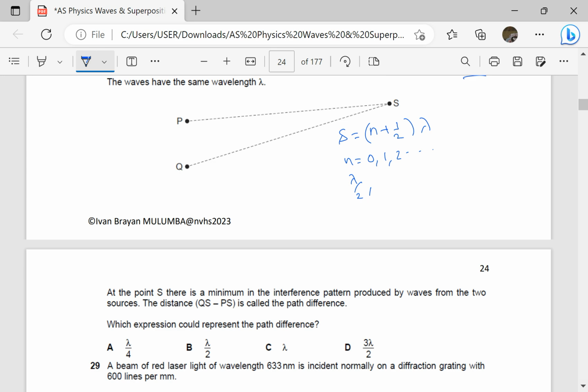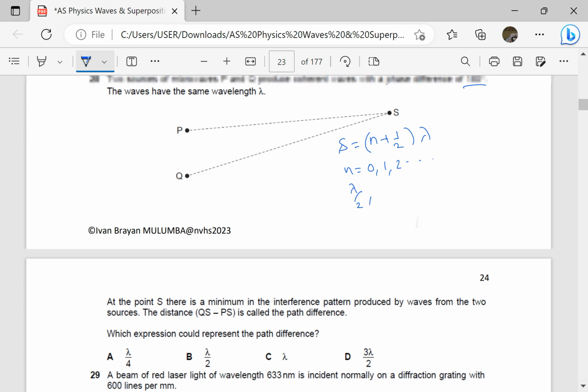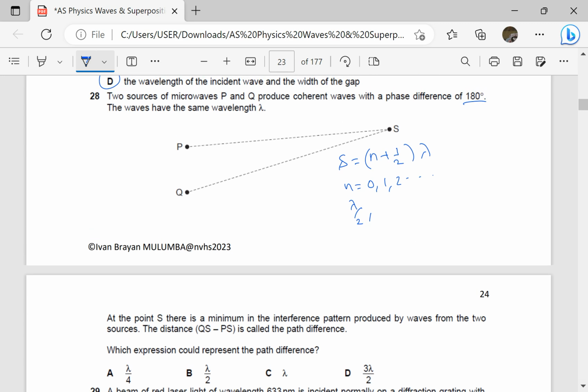At the point S, there is a minimum in the interference pattern produced by waves from the two sources. The distance QS minus PS is called the path difference. So if there is a minimum, then the path difference is going to be lambda over 2 for the first minimum.